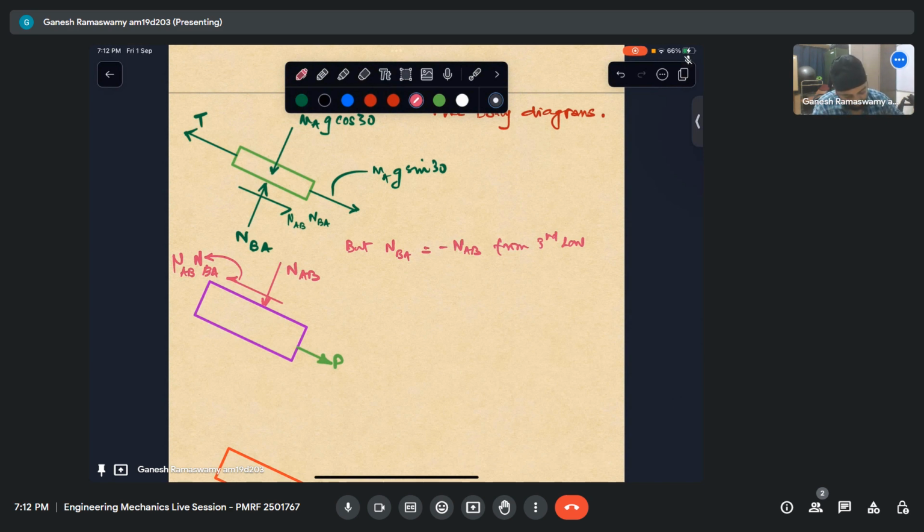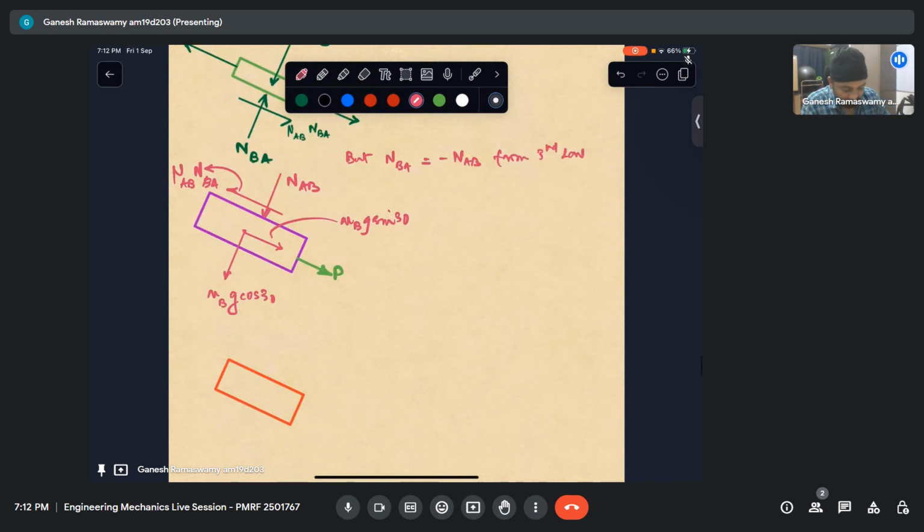Okay, and then I have the weight acting now. What is the mass of block B? MBG cos 30. I have this as MBG sin 30, and then I have some frictional force here and a normal force here. Let me consider this color for the normal force, NCB.